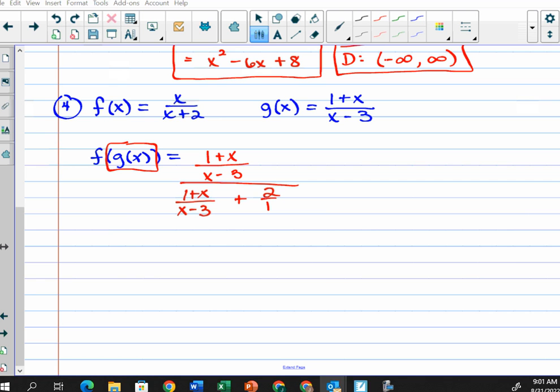Makes it easier. Oh, but I can only use x. Is it 2? You got it? Let me check.